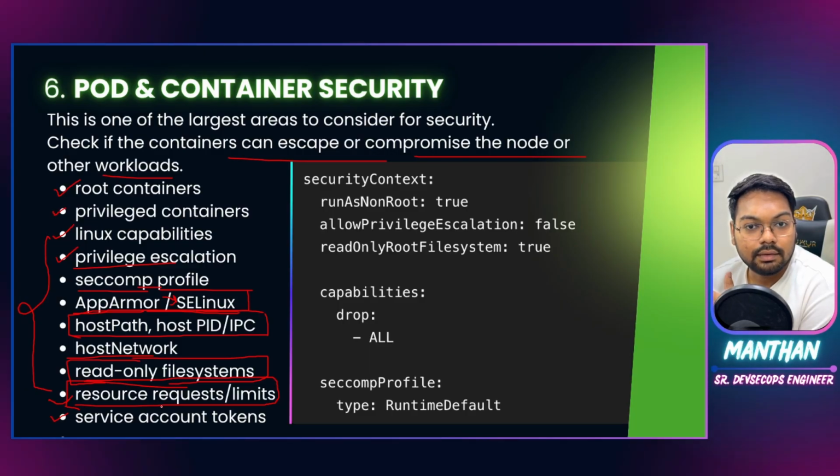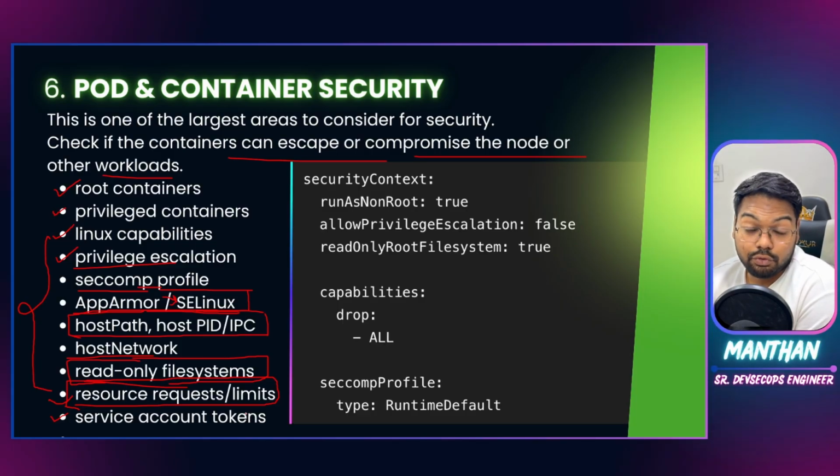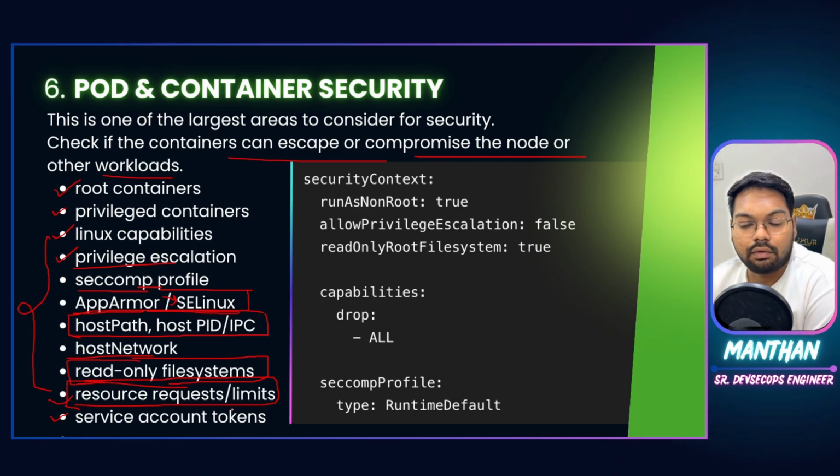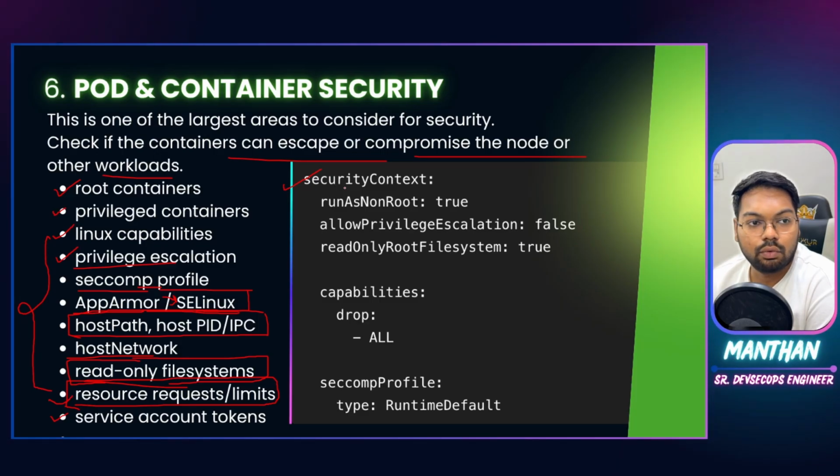Only then will the pod be able to access the particular principal mentioned in this IAM policy, which is associated with that service account. That's how you manage access to your AWS or other cloud resources using service accounts for your pods. That's again one thing. You can see an example of a security context we can apply to our running containers or pods.